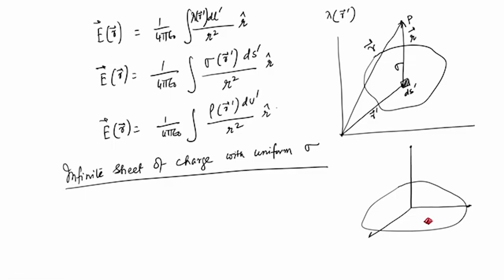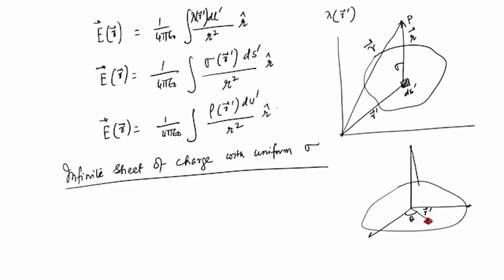We have taken this to be the elemental ds containing some charge. This point is, let us say, P, and this is theta, and from the origin of the coordinate system, this is your r prime, and you want to calculate the field here.